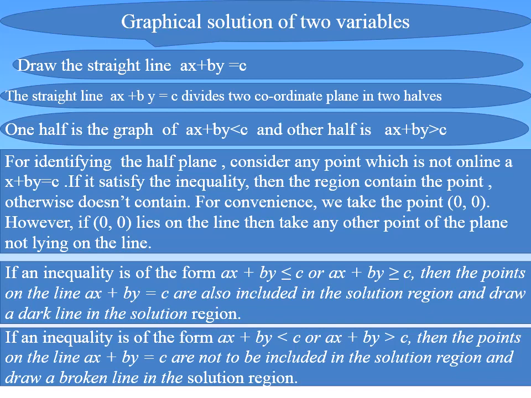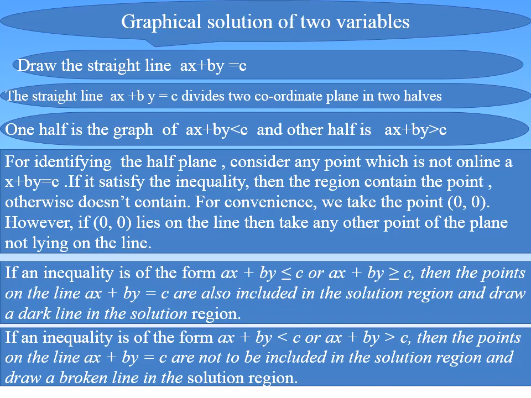For identifying the half plane, consider any point which is not on the line ax plus by equal to c. If it satisfies the inequality, then the region contains the point, otherwise it doesn't. For convenience, we take the point 0, 0; however, if 0, 0 lies on the line, then take any other point of the plane not lying on the line.